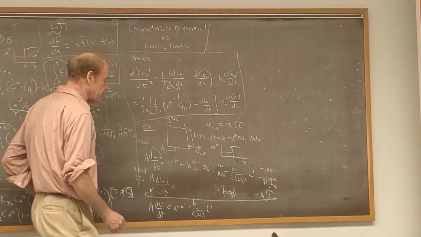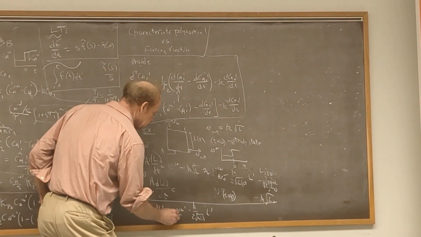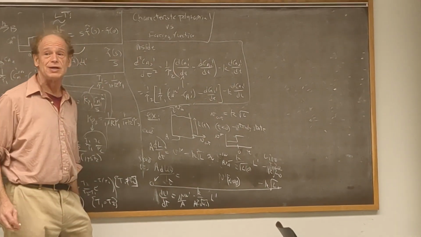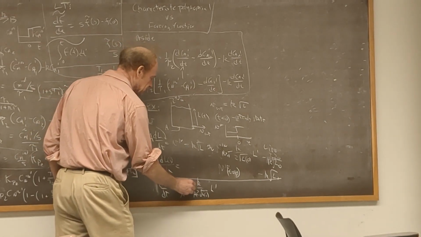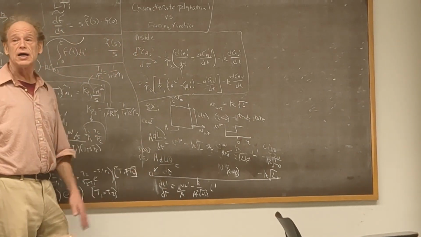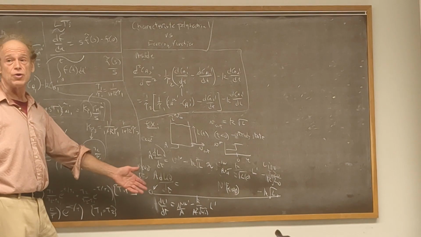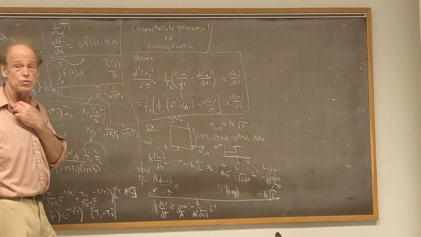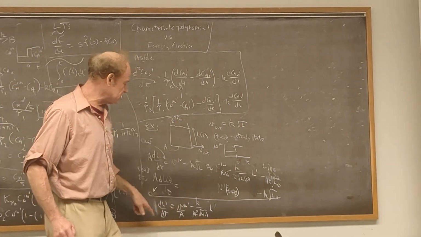And I'm going to divide through by A, just so I can save myself rewriting the same equation again, since I don't have a lot of blackboard space. So this is the dynamic equation that we need to solve. And what we did in the previous problem is we moved this to the other side of the equation.